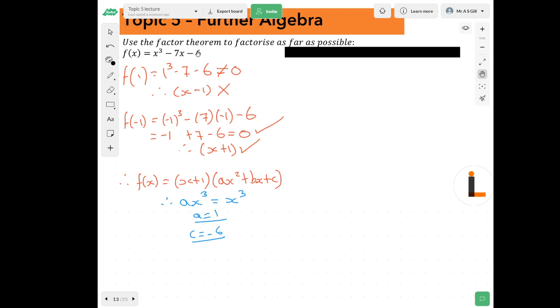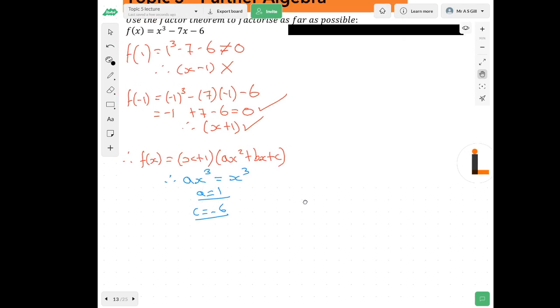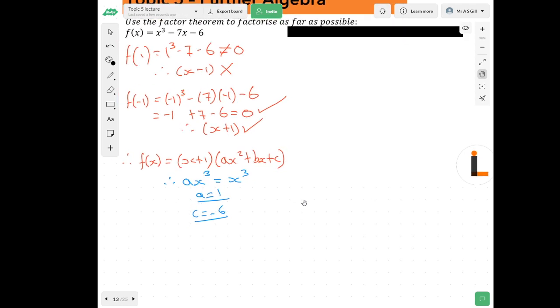So we've got a, and now we've also got c. b is slightly more difficult. When we expand these two brackets here, we'll get 2 x terms. We'll get 1 times bx, so bx, plus c times x, plus cx.